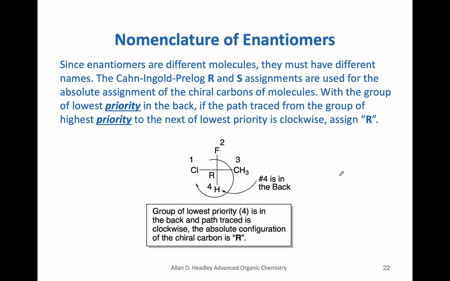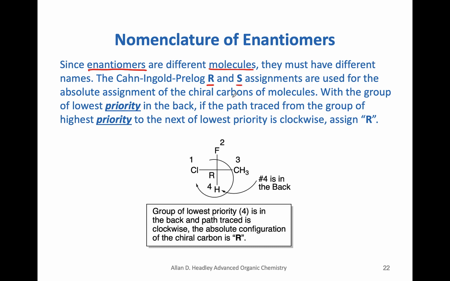So let's look at another system of determining different enantiomers. We'll look at the naming. Of course, as you know, if they are enantiomers, they are really different molecules, stereoisomers, so they must have different names. Cahn, Ingold, and Prelog came up with the RS assignment.